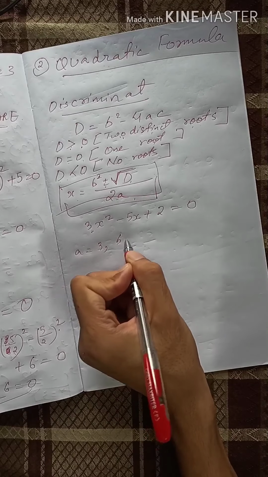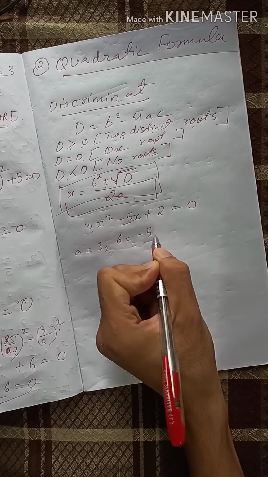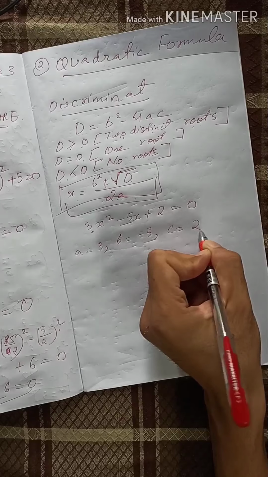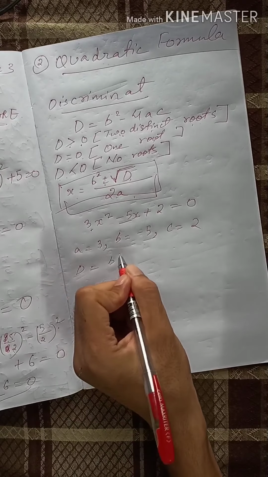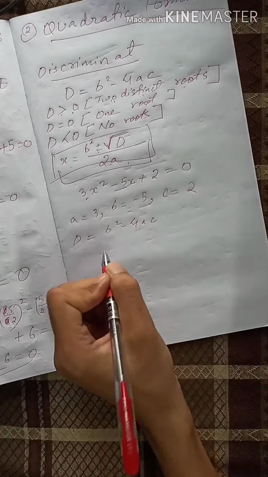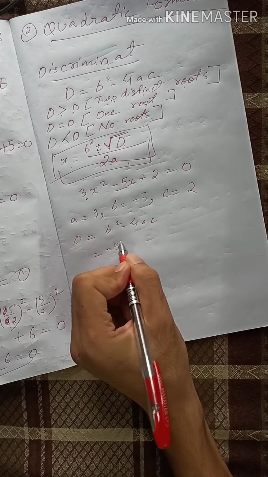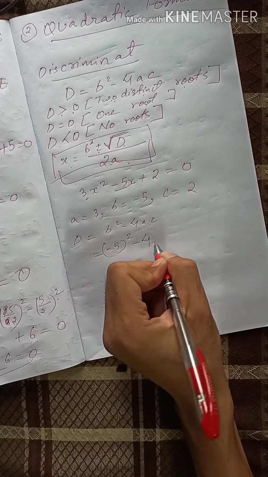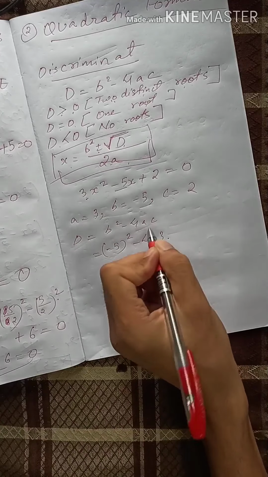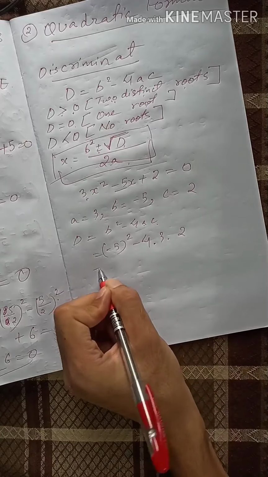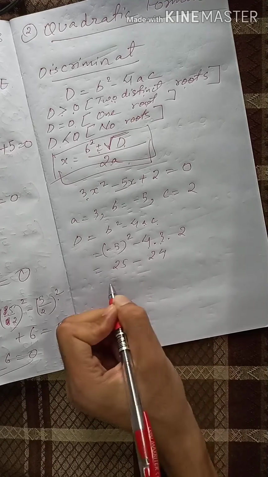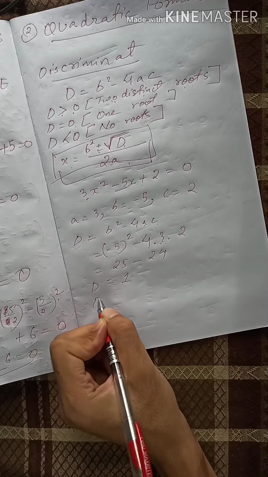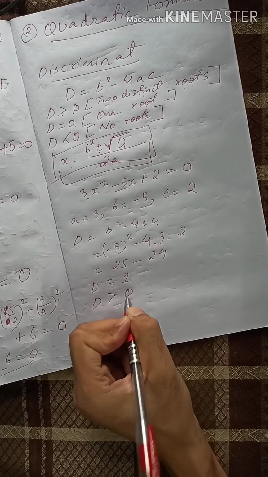The coefficient of b is minus 5. C is 2. Now let's find the discriminant D. b squared minus 4ac. b squared is minus 5 whole square, 4 into a is 3, c is 2. 5 into 5 is 25, minus 4 into 3 is 12, 12 into 2 is 24. You get here 1.